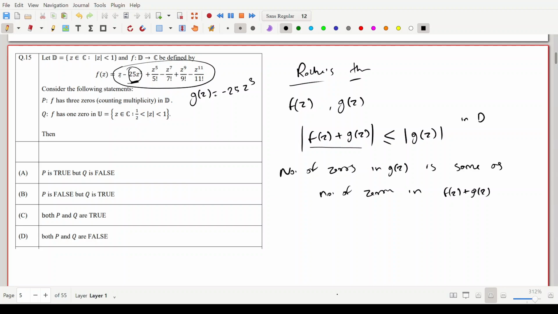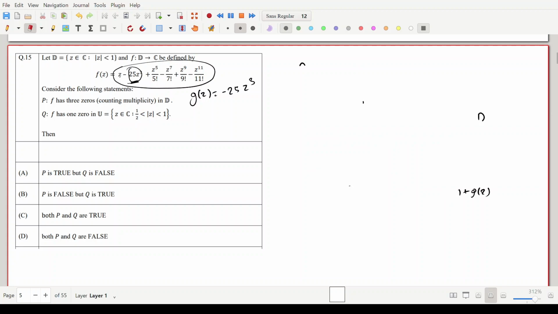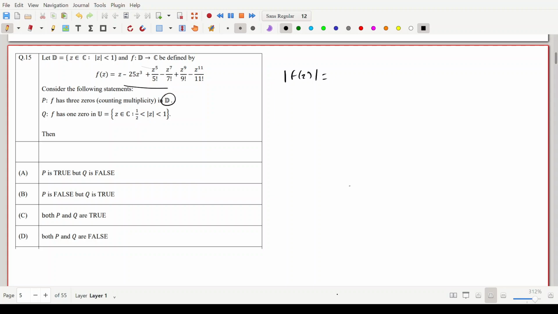Now whether they are satisfying the conditions or not, let me just rough this. And now look at this. What is mod f? In the domain D, suppose mod z is less than 1, then mod f of z is what? z minus 25 z cube plus z raised to 5 upon 5 factorial minus z raised to 7 upon 7 factorial plus z raised to 9 by 9 factorial minus z raised to 11 by 11 factorial.